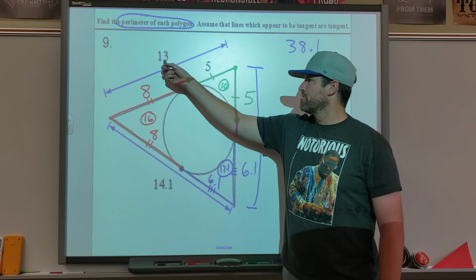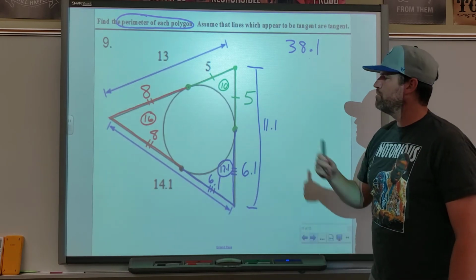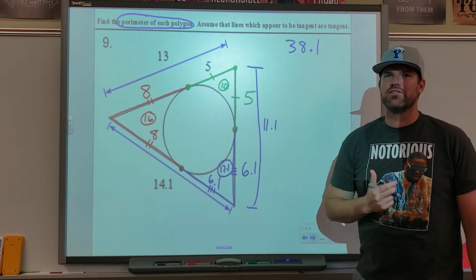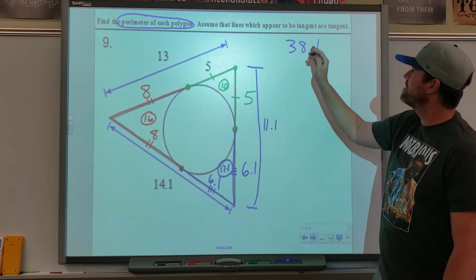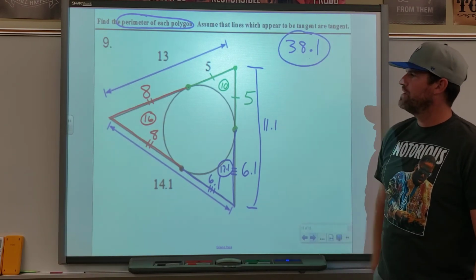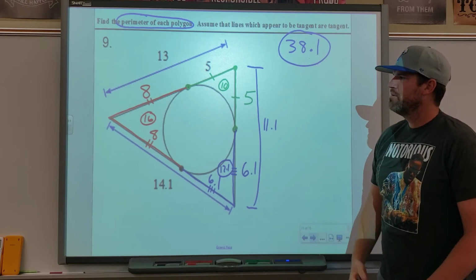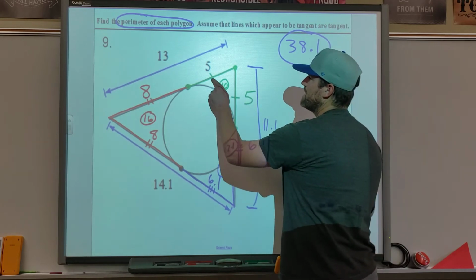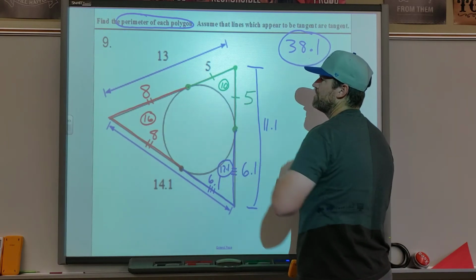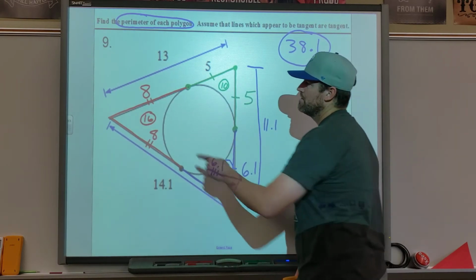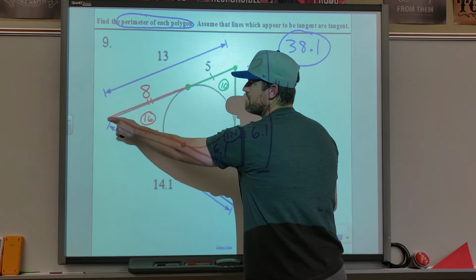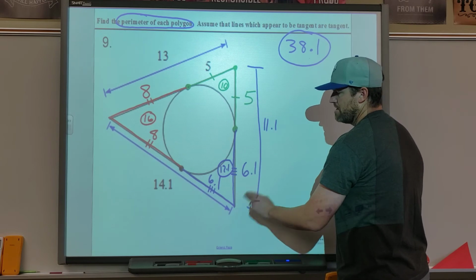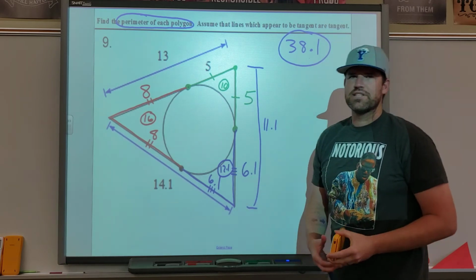If I add up 13, 14.1, and 11.1, shocker, I get 38.1. Right, so the perimeter is 38.1 units. But again, the key idea with tangents is we know that these two tangent segments that meet on the outside will be congruent. So same thing, these two tangents that meet right here will be congruent, and these two tangents that meet right here will also be congruent.